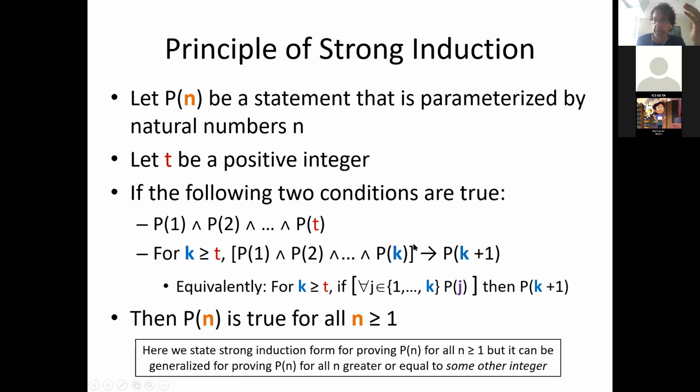But it is equivalent, because the implication A implies B is equivalent to the implication A implies B and A. So I could copy all of this and stick it in here as one big conjunction, because that would be A implies B and A. Adding the hypothesis of induction to the target is an equivalent thing.